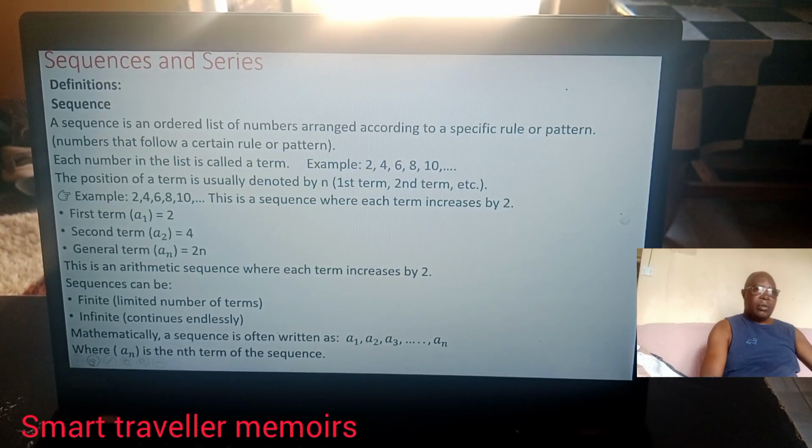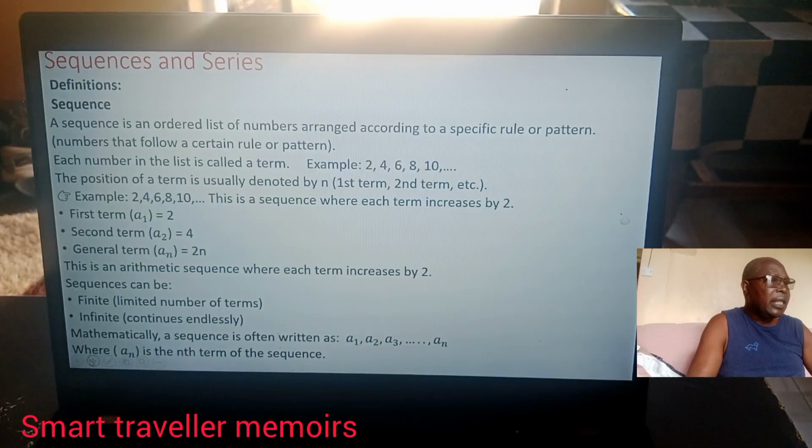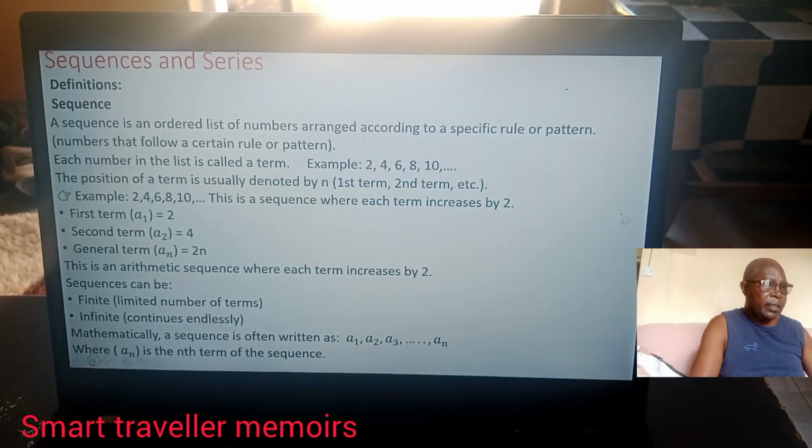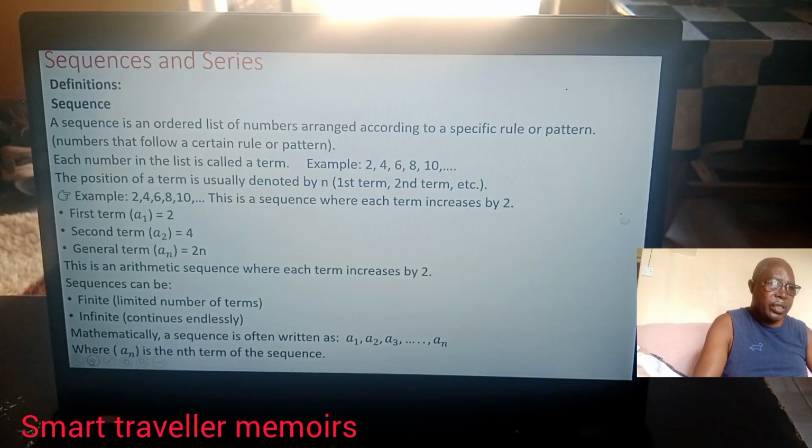Let's now go to the details of my topic, and I will start with the sequence, and this is the definition. A sequence is an ordered list of numbers arranged according to a specific rule or pattern.